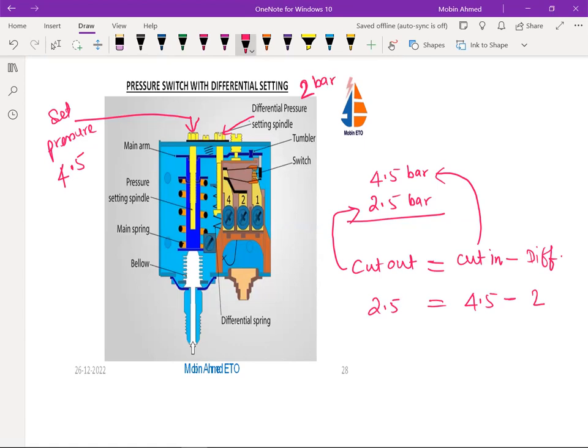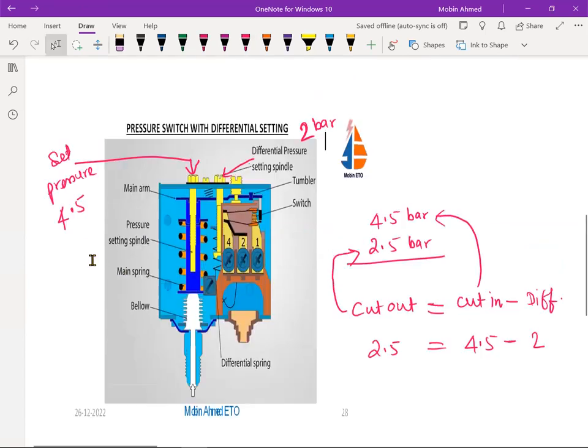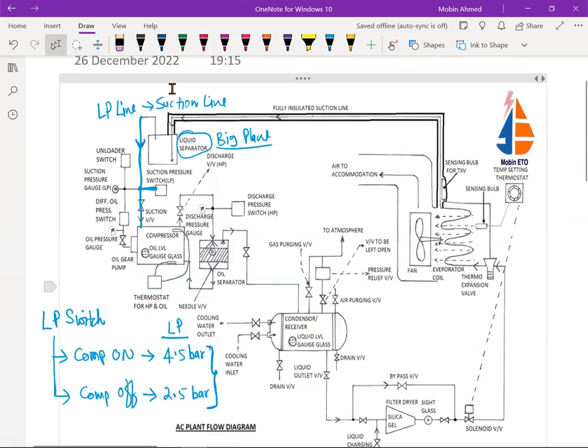So this is the setting we'll be doing here. Now it is going to operate at 4.5 bar, it will be cutting, and at 2.5 bar it will get cut in. Okay, hope it is clear to everyone. So this is the setting of the LP switch.